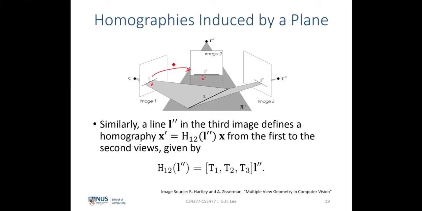These two, X and X prime, are related by the homography H12, which we define over here, and we will see that this H12 is formulated by the trifocal tensor as well as the line correspondence L prime prime in the third view.